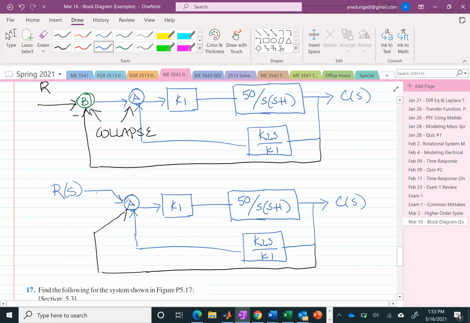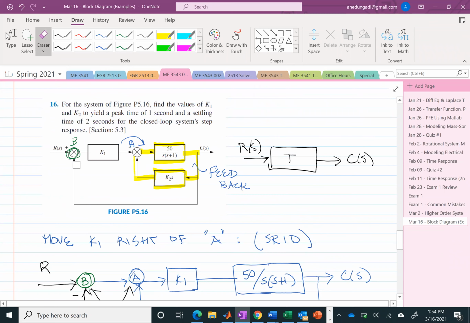R of S. This is minus, right? Minus, minus.